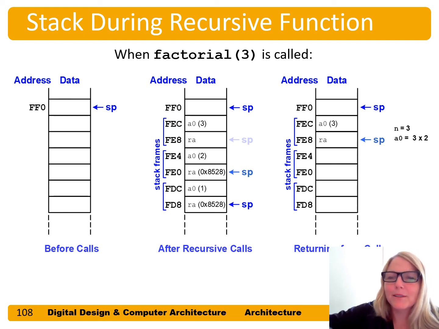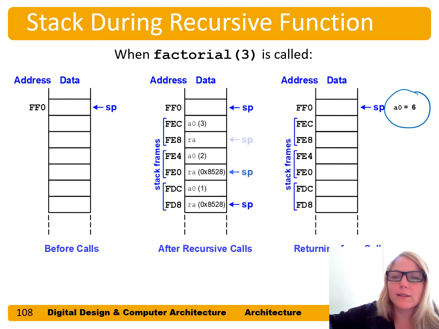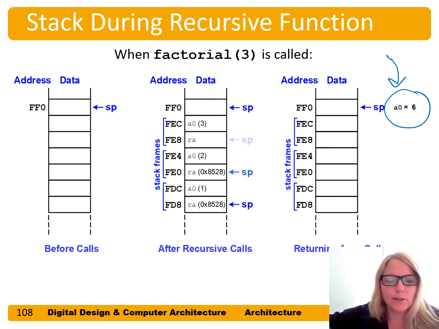And pop back up another stack frame. This is the return value, A0. Here's our n. Multiply those together, put that in this function's return value, so A0 equals 6, and then restore the stack pointer. Add 8 to the stack pointer, and the return value is 6. So factorial of 3 eventually returns to its caller its return value, which is 6.